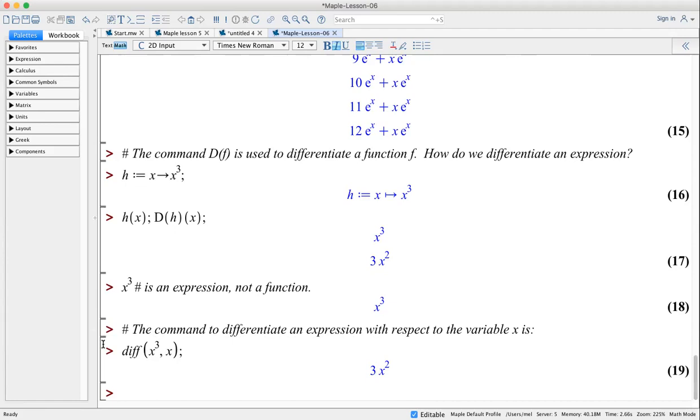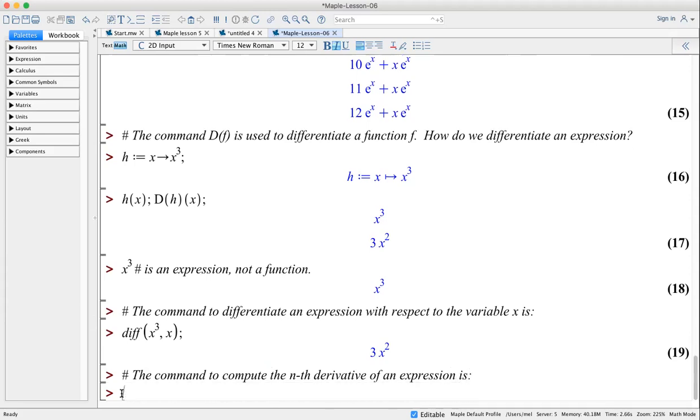Now there's also a command to find a higher derivative, though somewhat awkward, and I don't recommend it. The command to compute the nth derivative of an expression is the following.